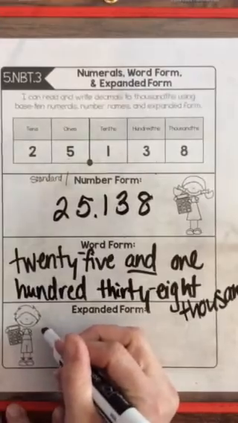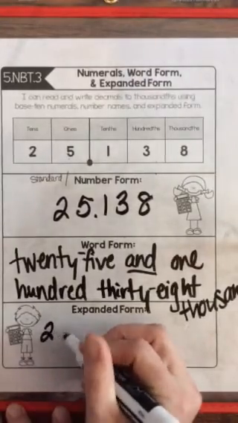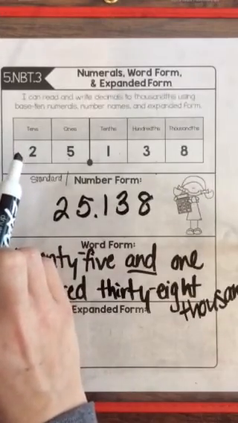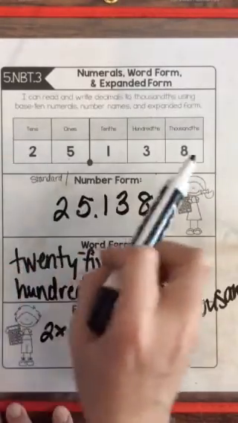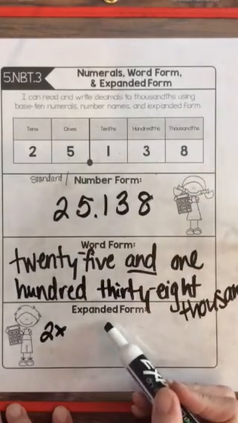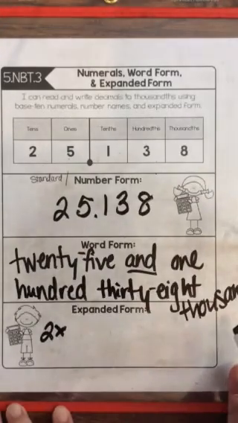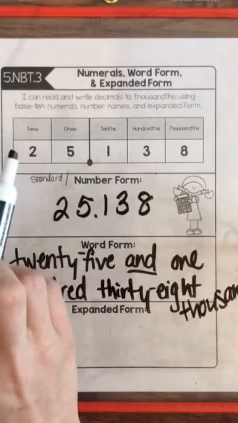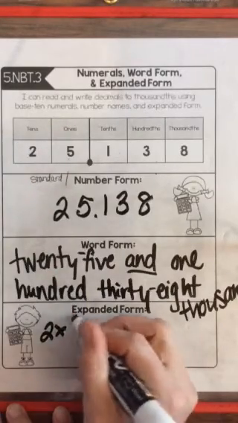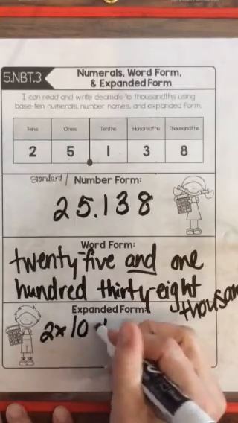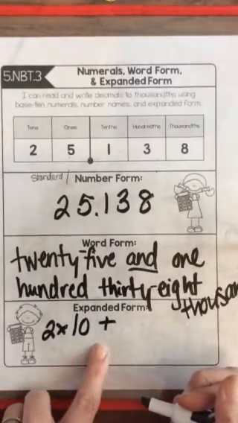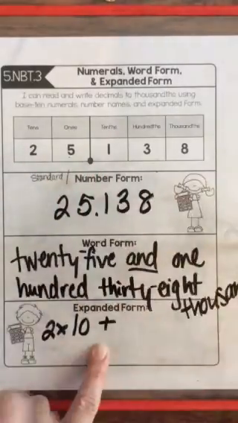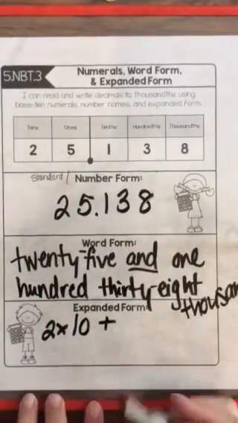So expanded form, we're going to break it apart by place value. So the first part, I always start at my biggest number. It helps me make sure that I get all my place values accounted for when I'm trying to make sure I get all of them listed out. So I always start with the biggest. So I have a 2 in the tens place. Then we also need to add our next place value with it, because we have to have all of it in order to make our whole number.